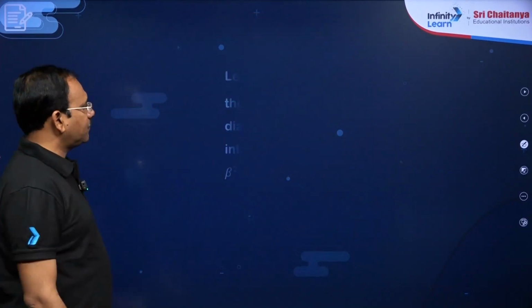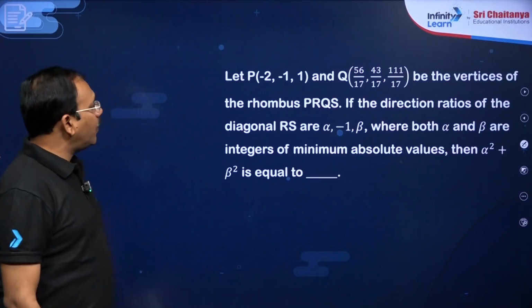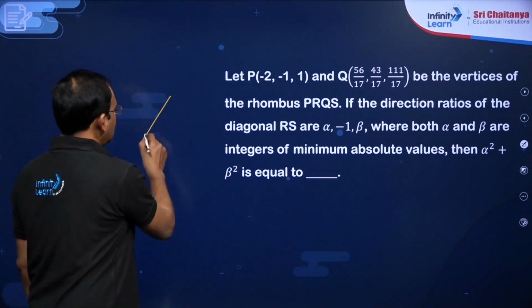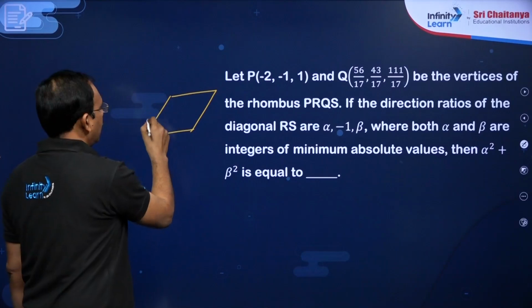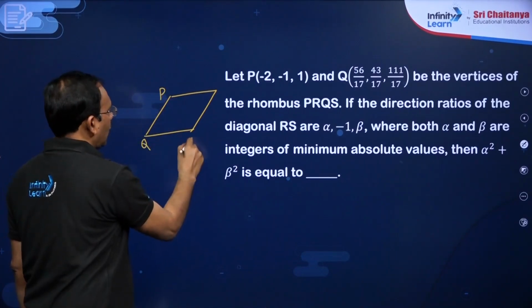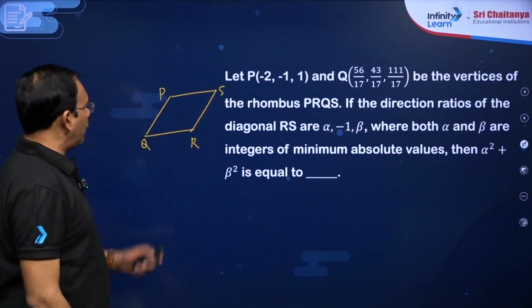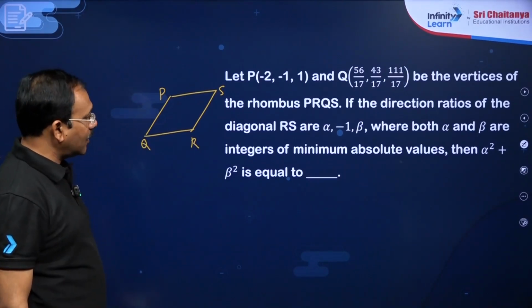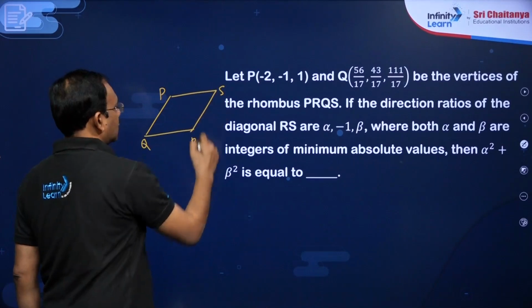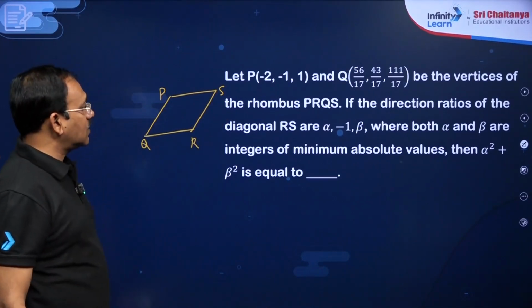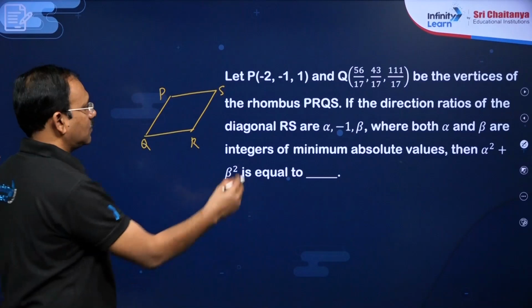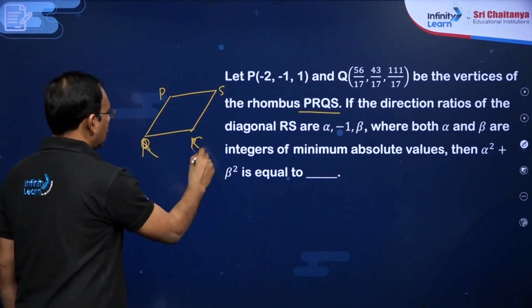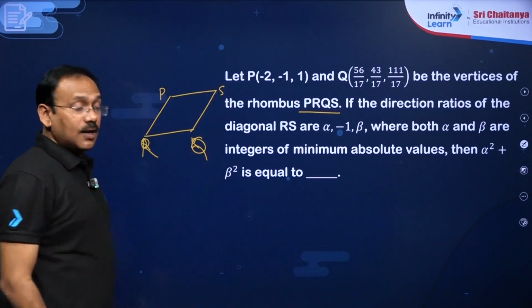If you know this, just see this question. P and Q are points, with the vertices of the rhombus PRQS. So there is a rhombus, dear students.